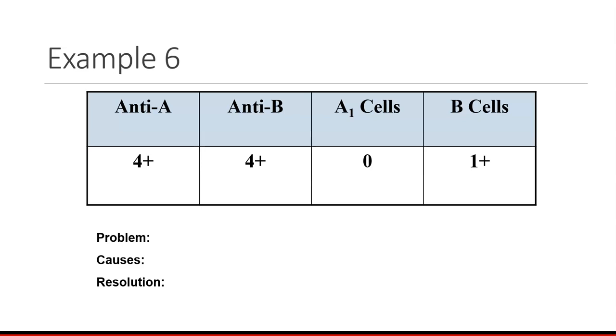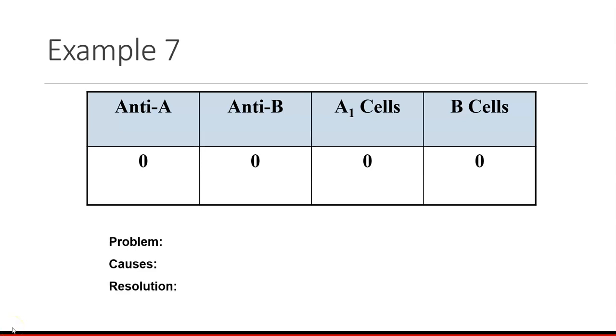And manufacturers do their best to make sure that your A and B cells are free of these antigens. It's not a false positive, it's a real positive, but it will interfere in our ability to accurately determine a patient's blood group. So again, run a screen to determine if an unexpected antibody is present.